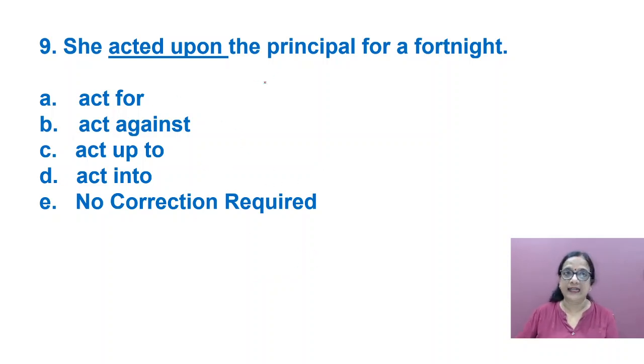She acted for the principal for a fortnight. This is correct. It should be for, that is, she worked in place. Act for means when a person works in place of somebody. So she acted for the principal for a fortnight.